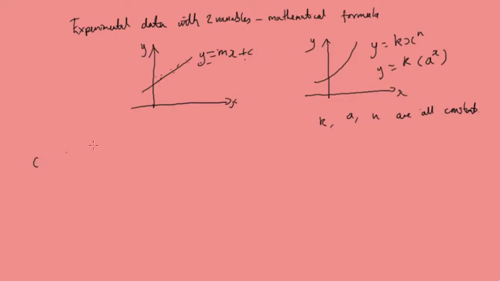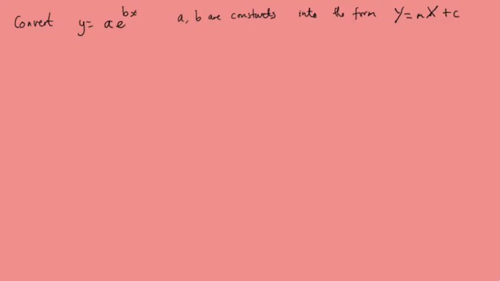Let's get a new sheet up. We're going to look at converting y equals a e to the power bx, where e is Euler's number, and a and b are constants, and we're going to convert it into the form y equals mx plus c.